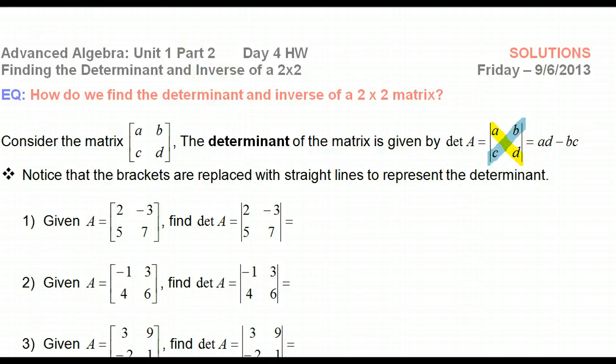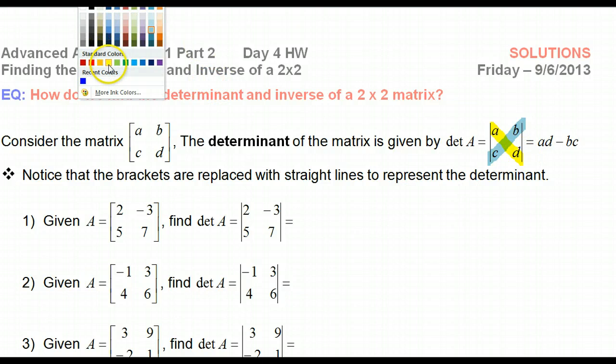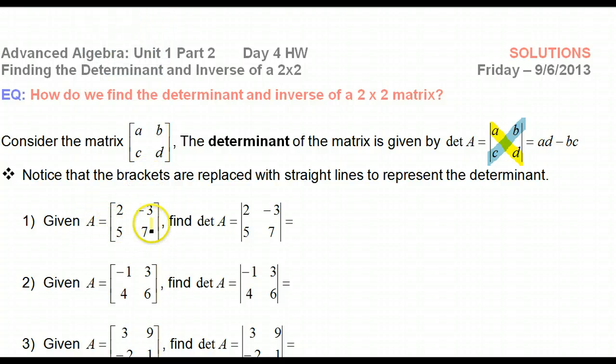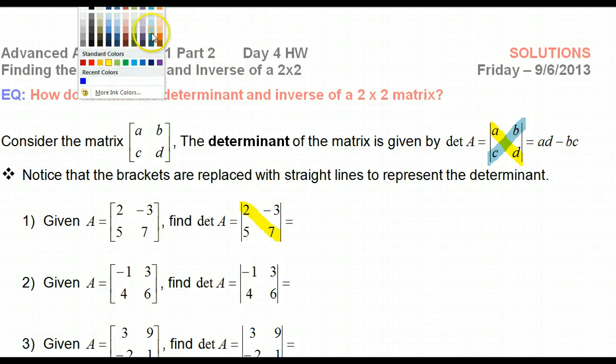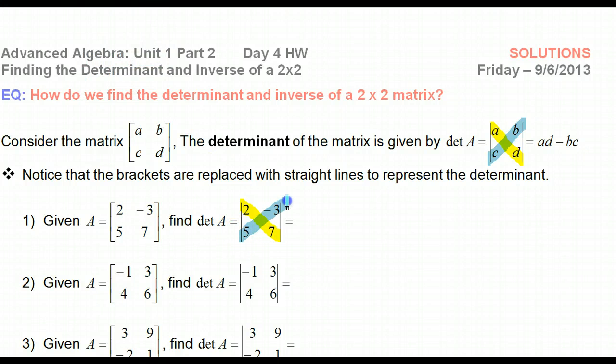So, for example, let's look at number 1. If I want to find the determinant of this matrix, which I could either write this way or put inside of these vertical lines, it's going to be the down diagonal minus the up diagonal. So that would be 2 times 7, the down diagonal, minus 5 times negative 3, the up diagonal.